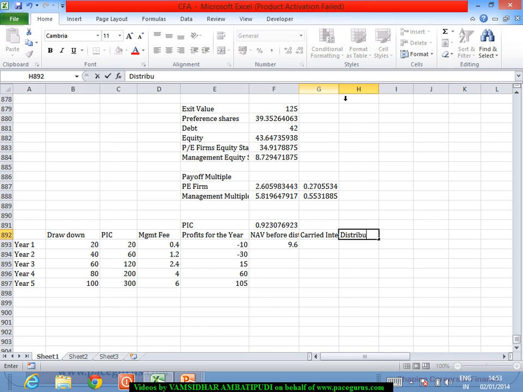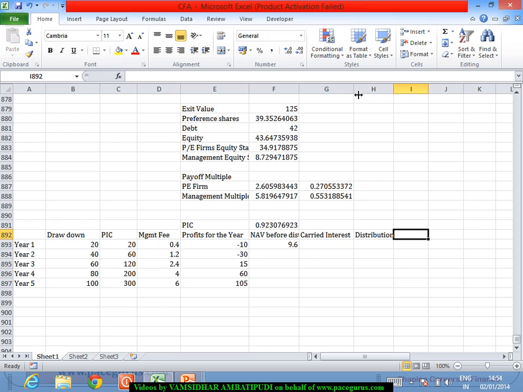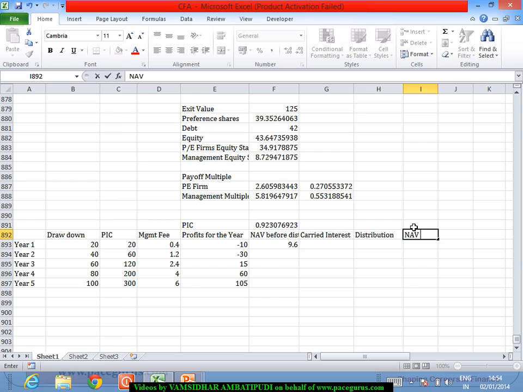And again we look at the distribution, how much is being distributed to the limited partners, and after that I can look at the NAV after distribution. In this case there is no carried interest and no distribution, so my NAV after distribution is a subtraction of all these numbers. Fair enough. Now from the second year onwards, what will happen?